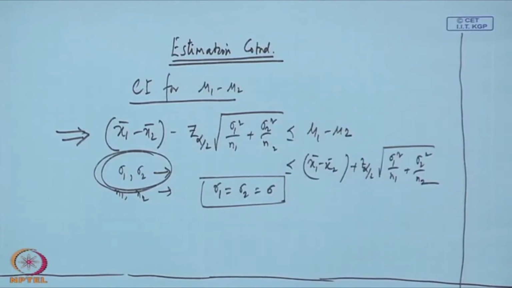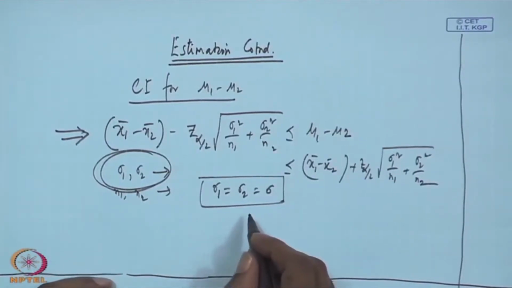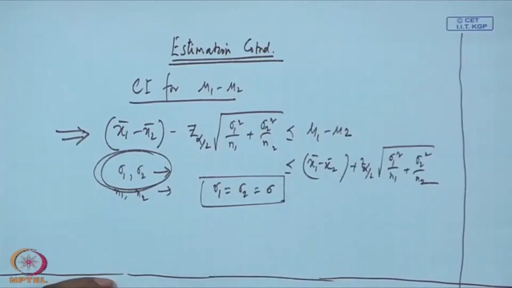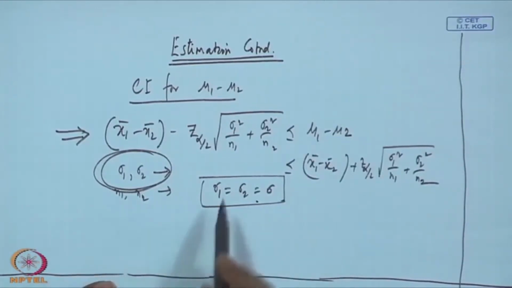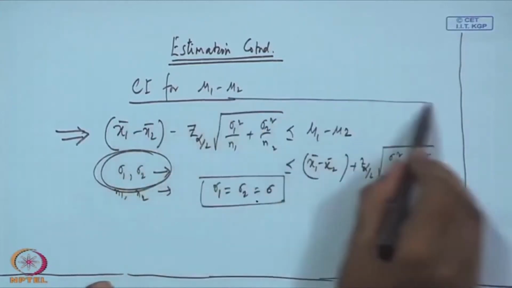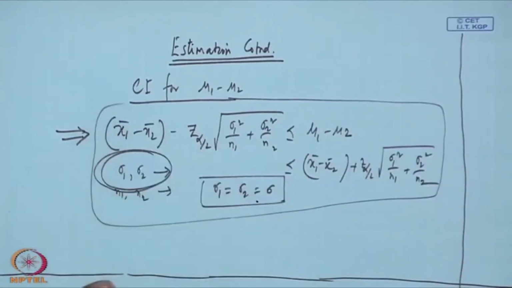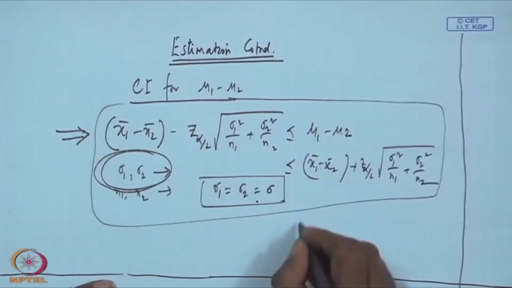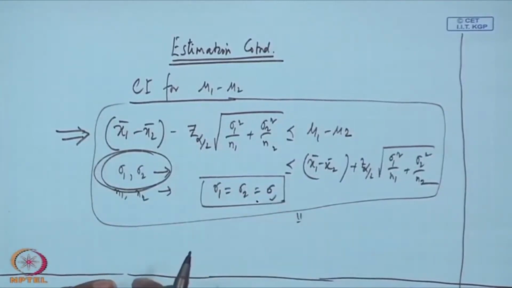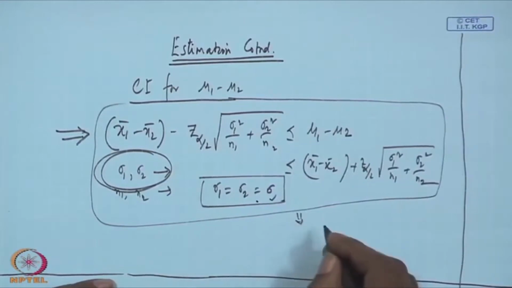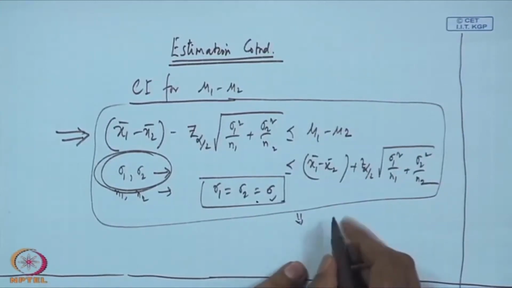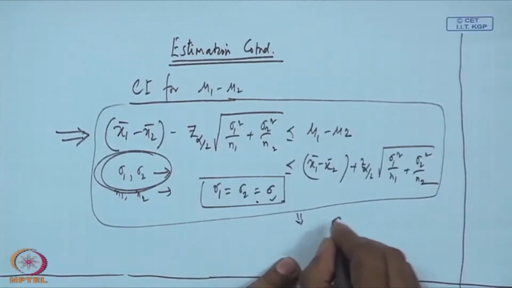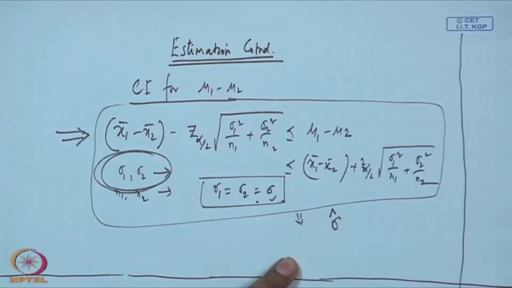Now, what does it mean? The population variances are the same, equal. If population variances are the same, then we will not use this equation. Because of this special condition, we will go for another type of estimation, where we first find the estimate of sigma.